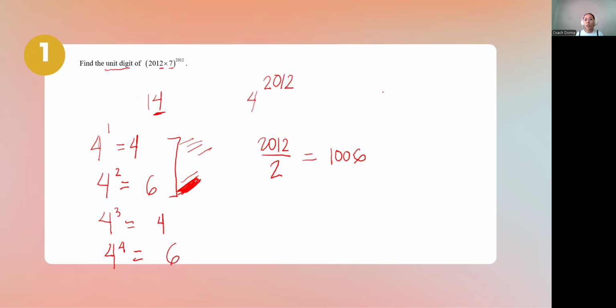So the unit digit is 6. That's it for our number. Let's proceed to the next one.